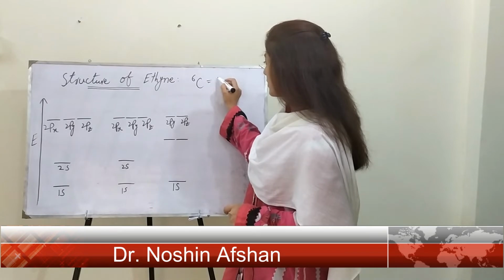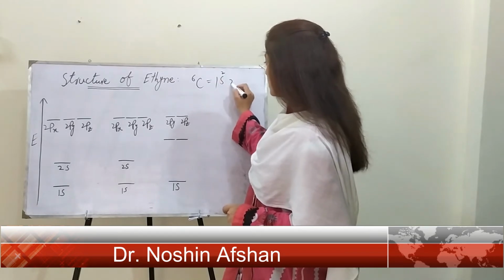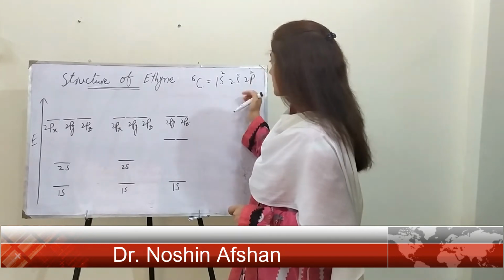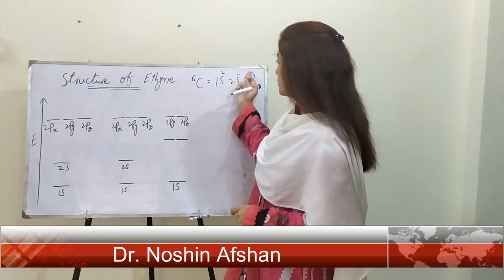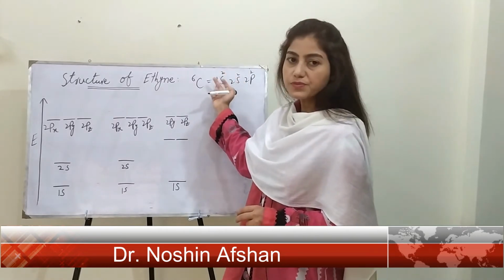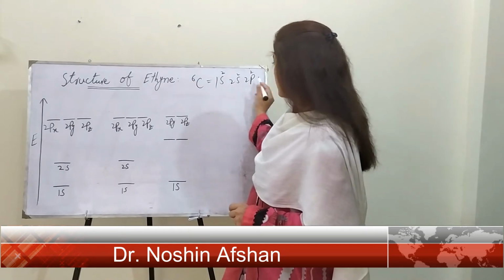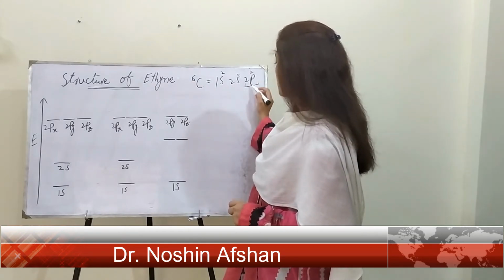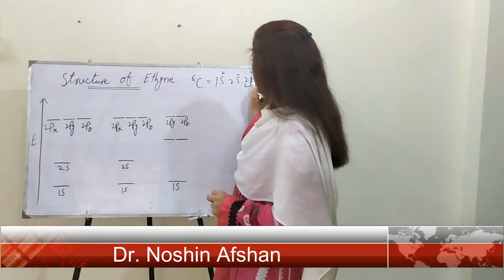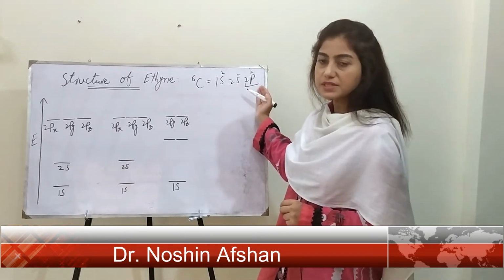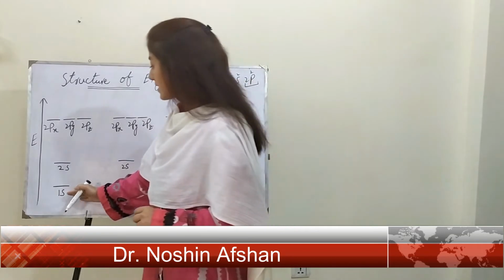and its configuration is 1s2, 2s2, 2p2. So, here 2, 2 and 1s2, the total number of electrons becomes 6. And if we split or organize the electrons in the degenerate p orbitals, then the picture looks like this.